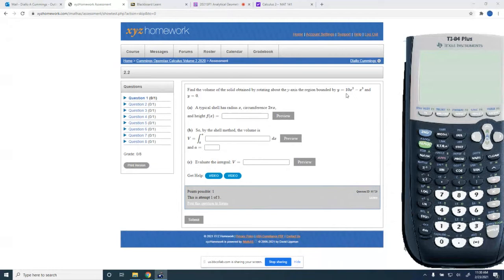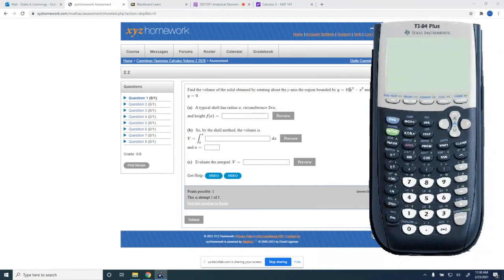We're given the function y is equal to 10x squared minus x cubed, and we're rotating this about the y-axis, and y equals 0.